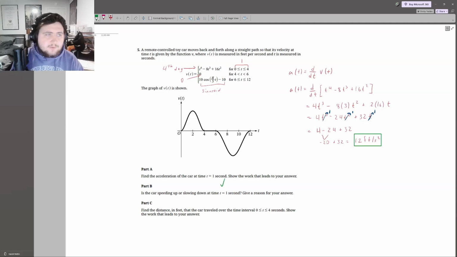Found our acceleration. But now we have to ask a question about our acceleration. Part B is not a math question, but a reasoning question. So it asks us, is the car speeding up or slowing down at time t equals 1 second? We've got to give a good reason for our answer. So let's think about this. At t equals 1 second.